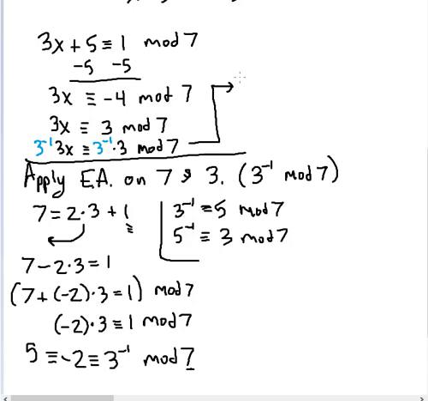But let's say, since you do know what it is, 3 inverse is 5, so you have 5 times 3, mod 7, we get 15, and 15 mod 7 is the same as 1.